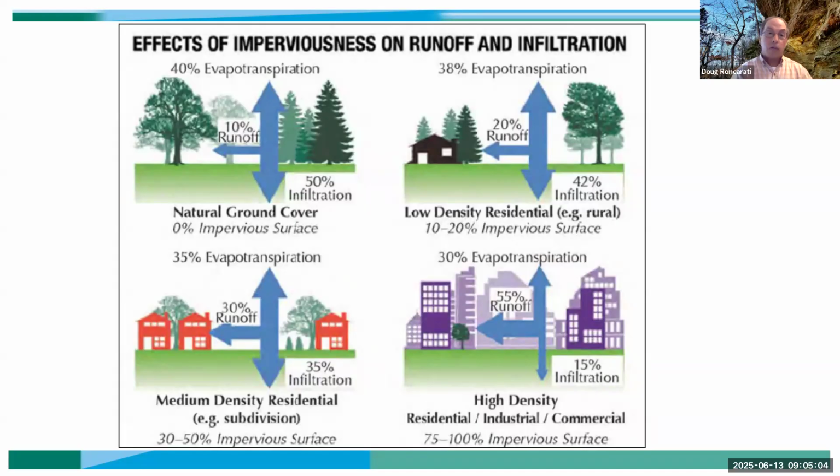Less water can infiltrate into the ground and become groundwater. Less water evaporates up into the air and becomes clouds. So over time, as you see an area become more developed, you end up seeing a lot more runoff, a lot less evapotranspiration, and much less infiltration because that pavement gets in the way of the natural water cycle.